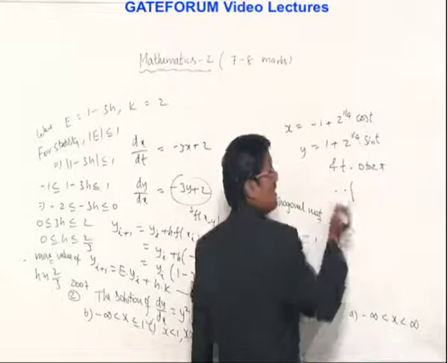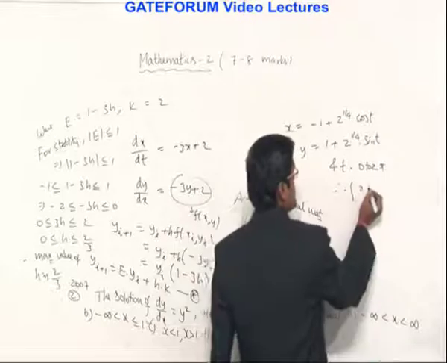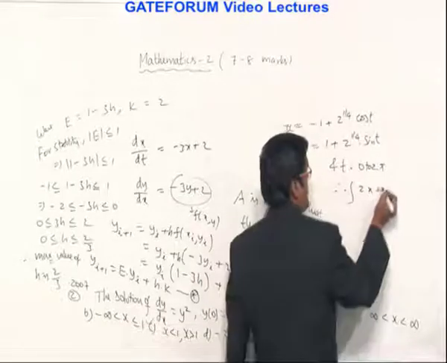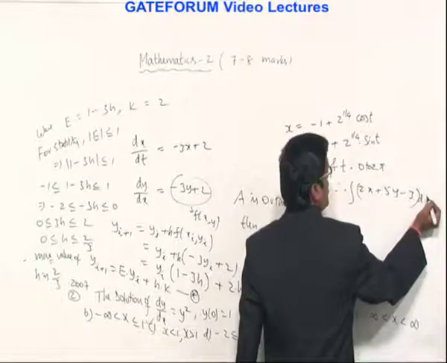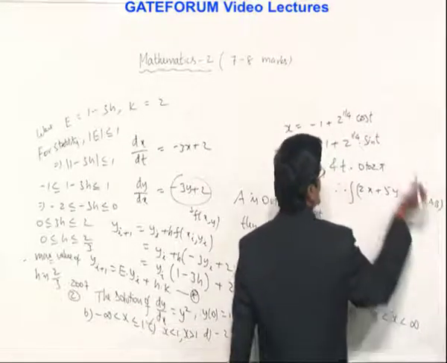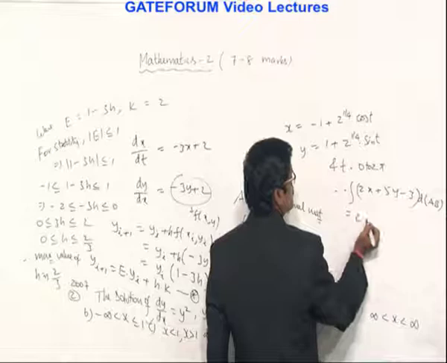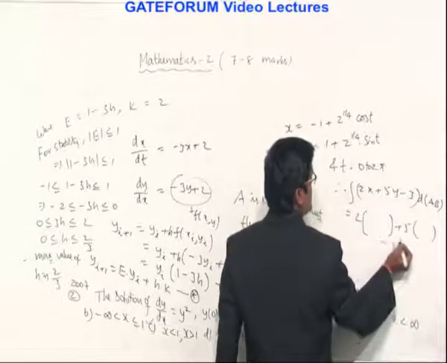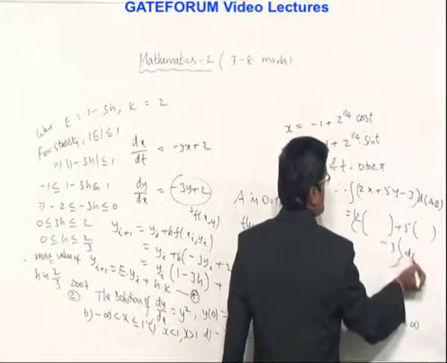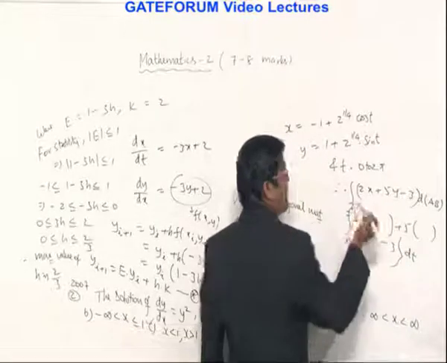Therefore the integration of 2x plus 5y minus 3 along the arc, which is a circular arc, becomes 2 into x value plus 5 into y value minus 3, all multiplied by dt with limits 0 to 2 pi, and you integrate.